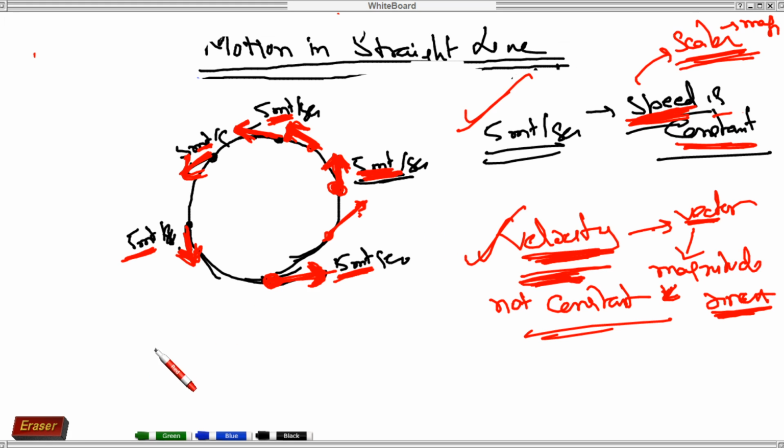So you can write it like this: speed is equal to distance over time. So what will be the distance?